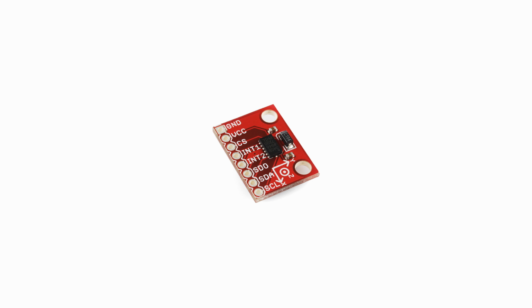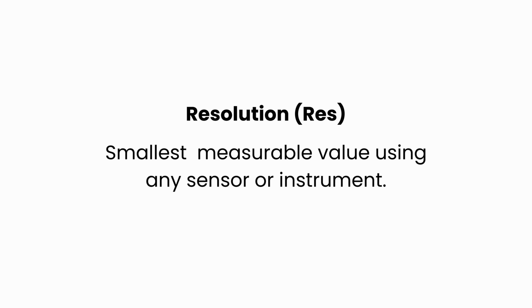For an accelerometer, it could be a force of 0.1 millig's, and so on. Some engineers might use the term least count for the smallest measurable value, but I would prefer to use the term resolution. Going forward, we will use the term resolution for the smallest measurable value using any sensor or instrument.